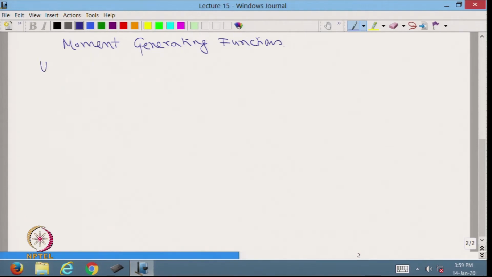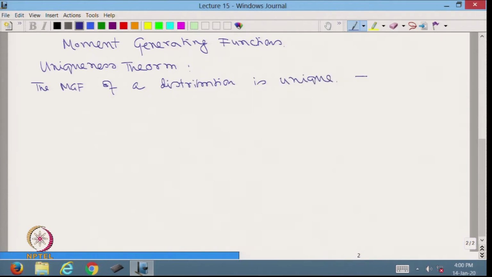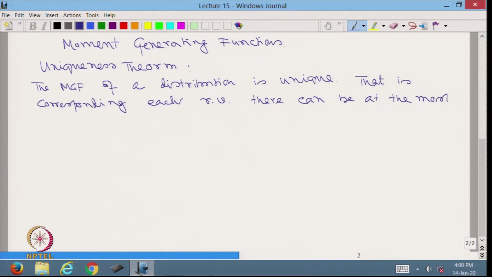These are important because of the uniqueness theorem, which says that the moment generating function of a distribution is unique, that is, corresponding to each random variable there can be at the most one MGF.